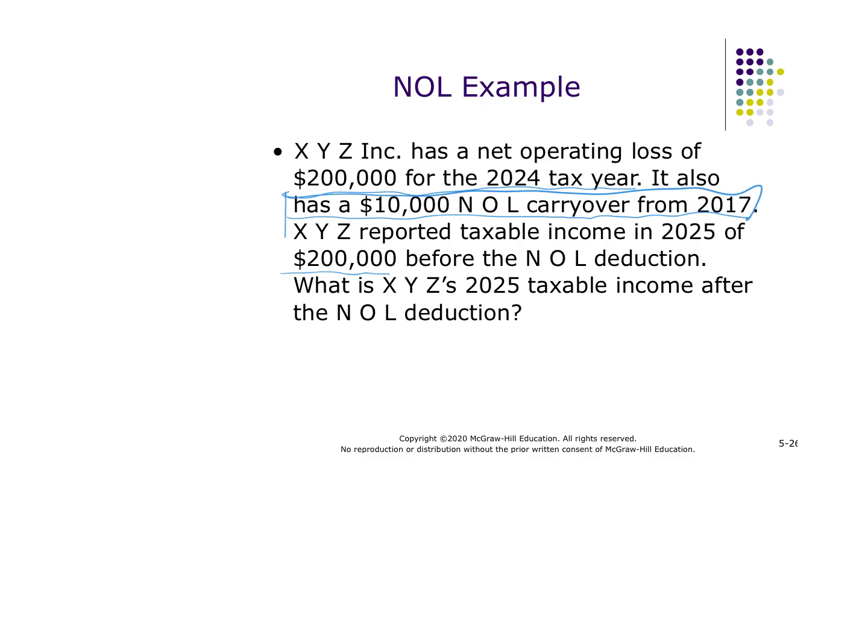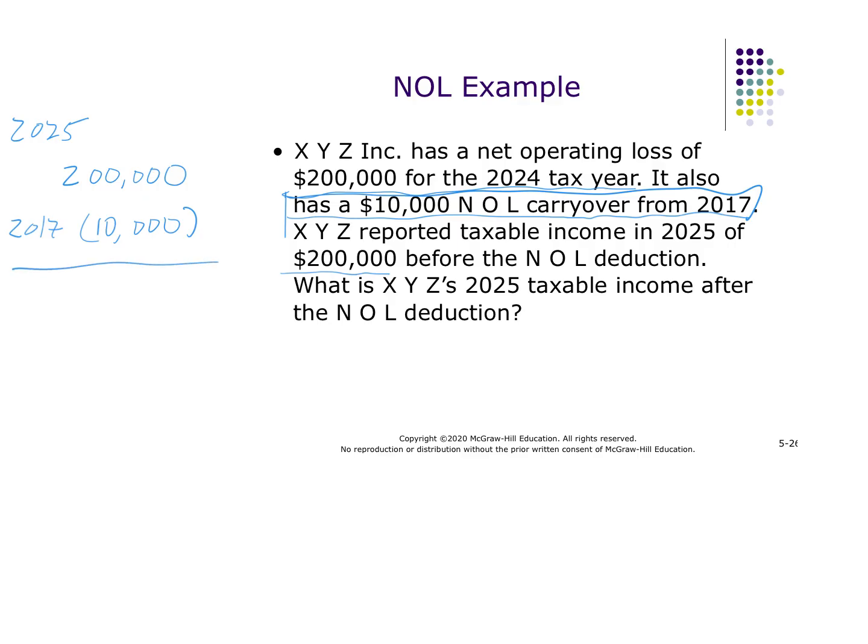Okay, so for 2025, we started out with $200,000, but in 2017, we had a $10,000 net operating loss, okay? We're allowed to use that 100%, all right?